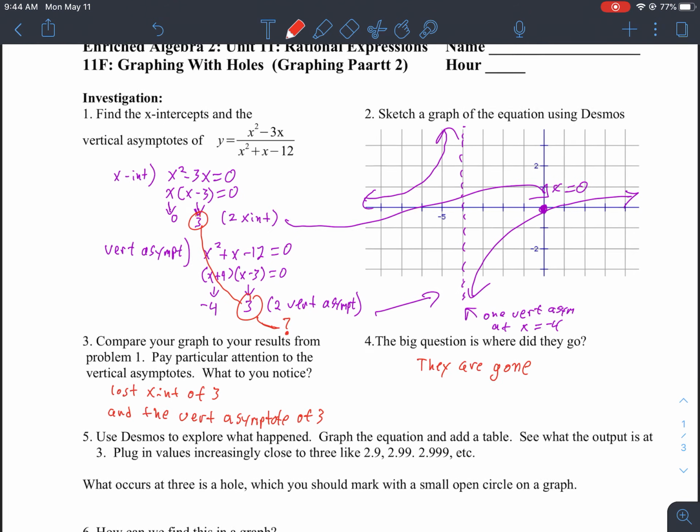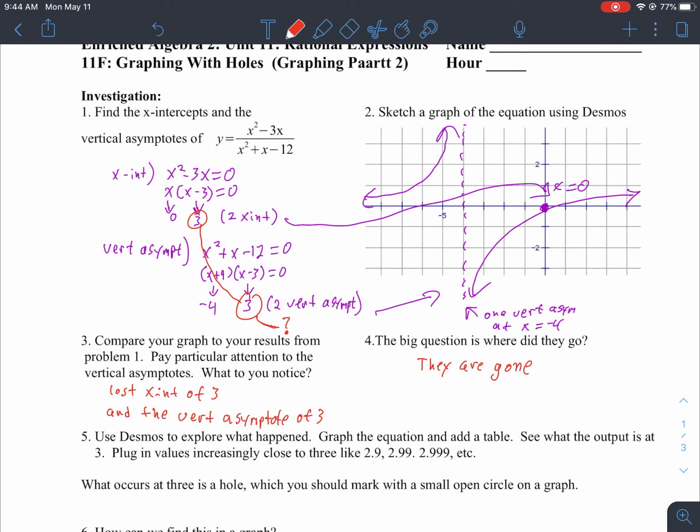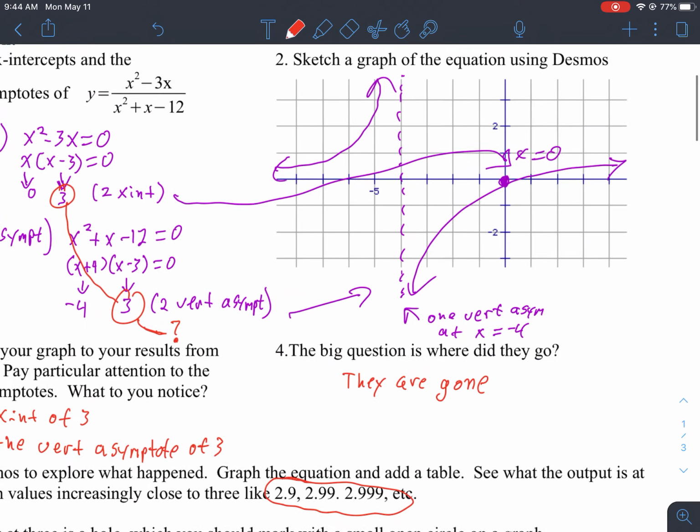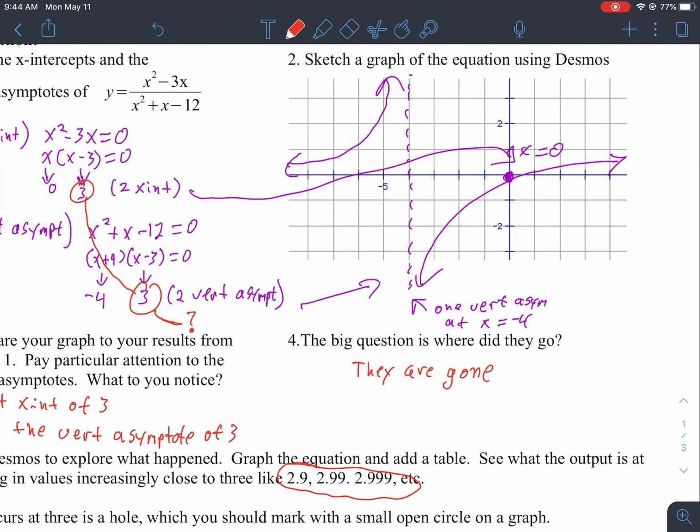Now, if you plug into Desmos things like 3, or things close to 3, so 2.9, 2.99, 2.999, and 3. Right at 3, the question is now, what is going on?